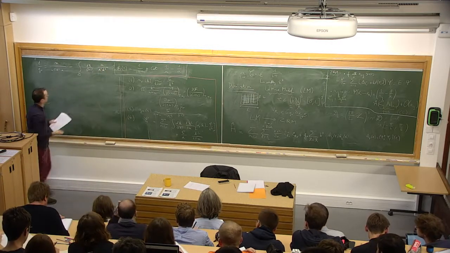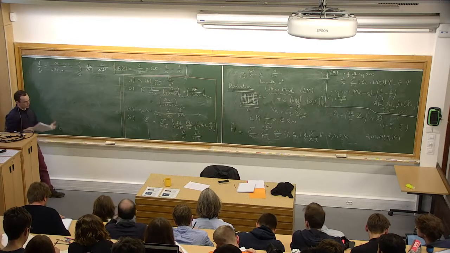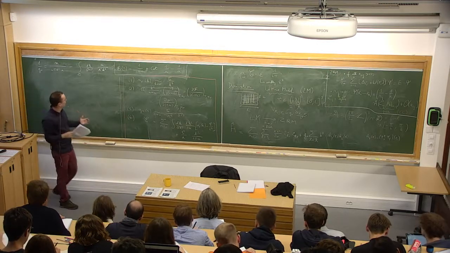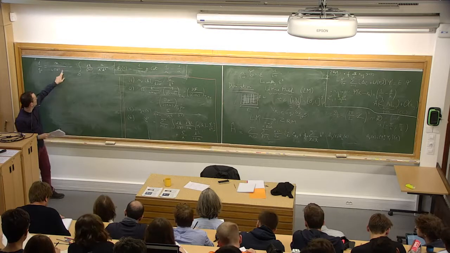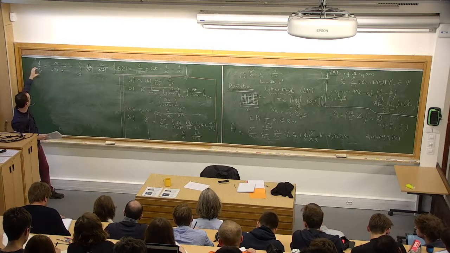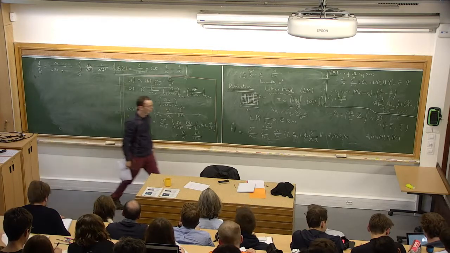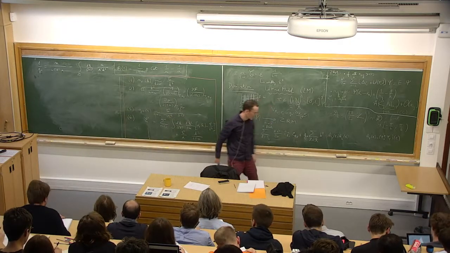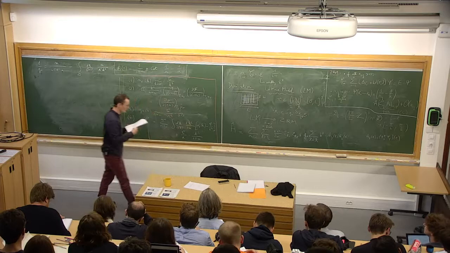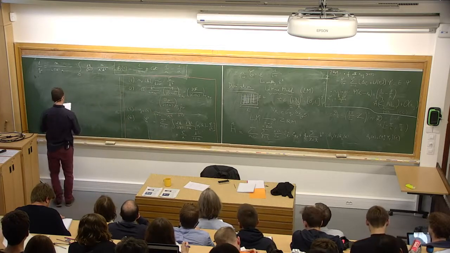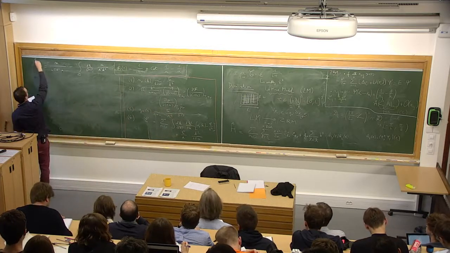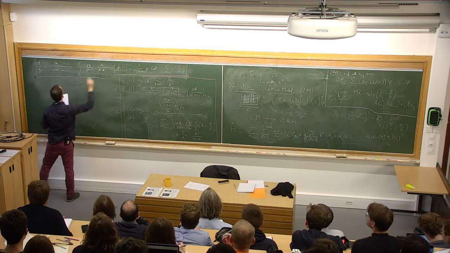This is what you get if you solve the scattering problem on the lattice. You calculate the scattering length a for a given G0. Remember, G0 is just the strength of your on-site interaction. That's what you get, and I will comment on it in a second.